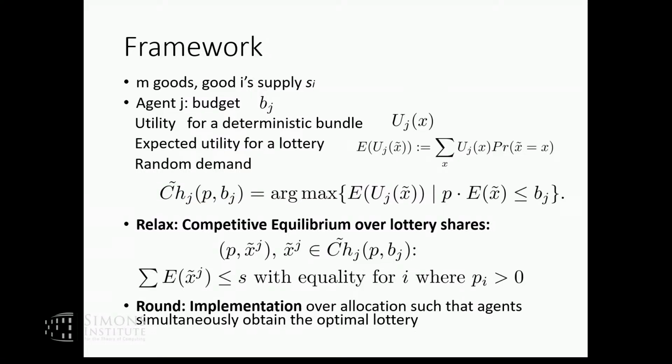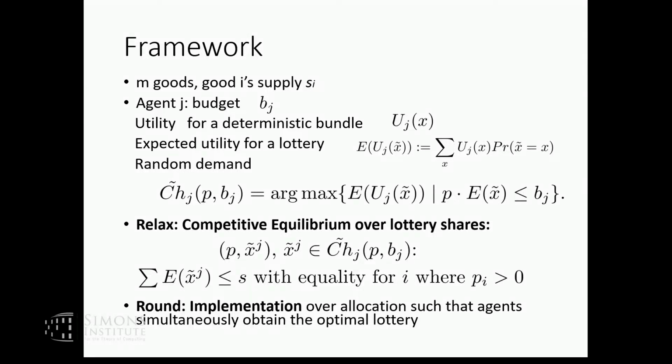So the random demand, or random choice correspondence, if I give you prices p over the items and a budget b_j, you're going to go around and find the optimal lotteries to consume, to maximize your expected utility with the constraint that your expected budget is satisfied.